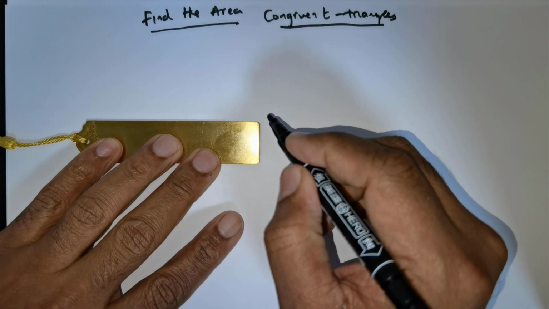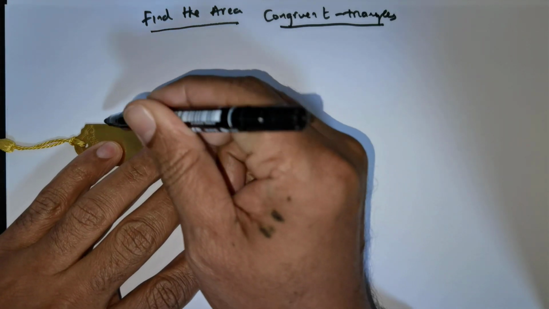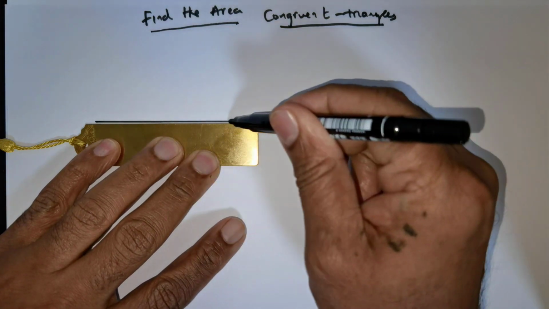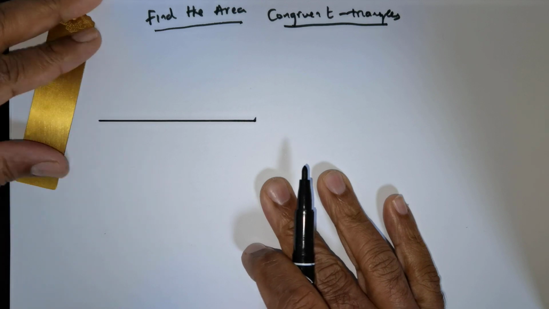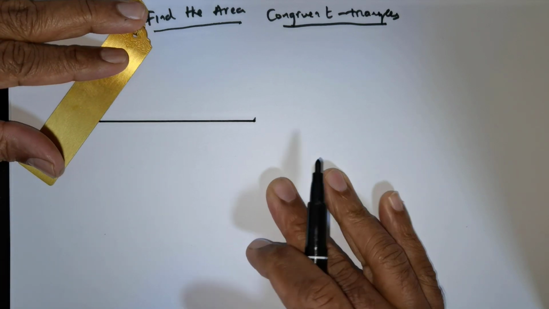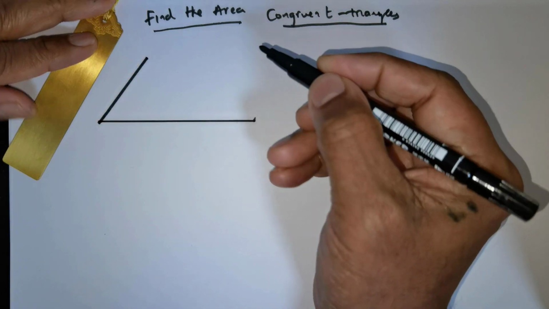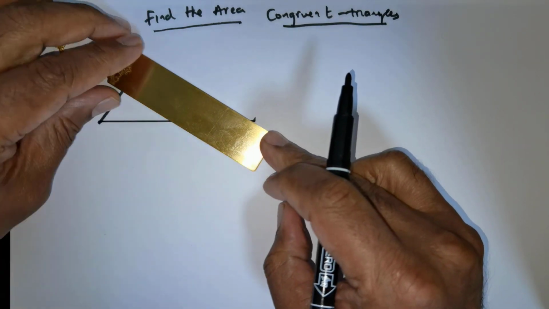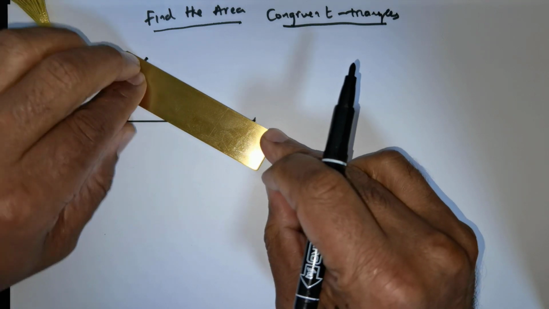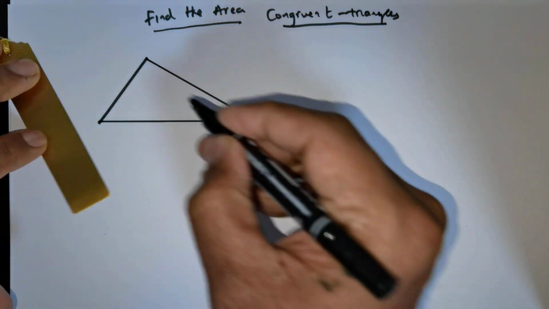So having mentioned that, let me draw the figure for this question. You have a triangle like this and we are expected to find the area. Okay, so that's the triangle.